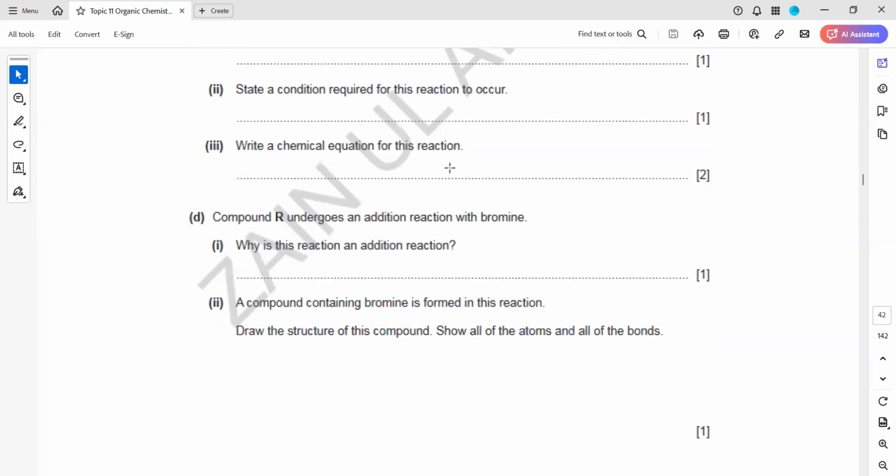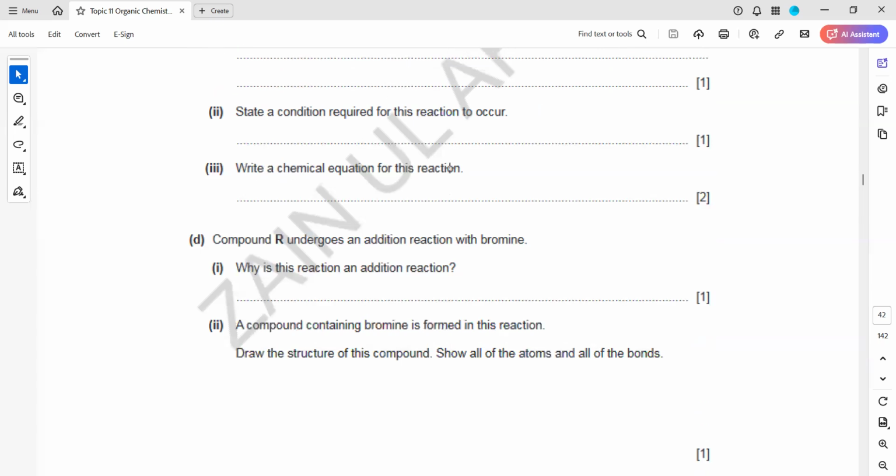So if we have C2H6 and it reacts with chlorine, which is Cl2, the chlorine will take the position of a hydrogen and the hydrogen takes the position of a chlorine. As a result, the product will be C2H5Cl plus HCl. One of the products is always HCl.